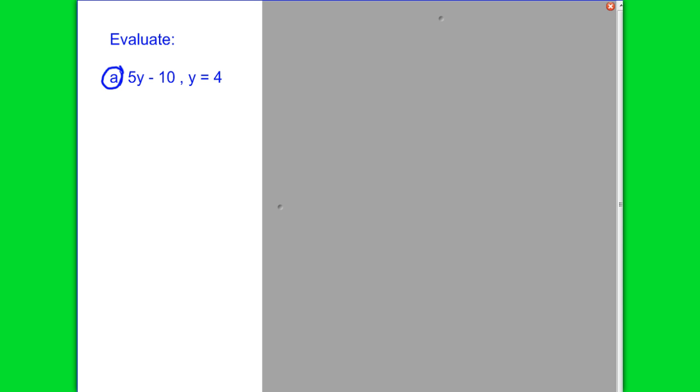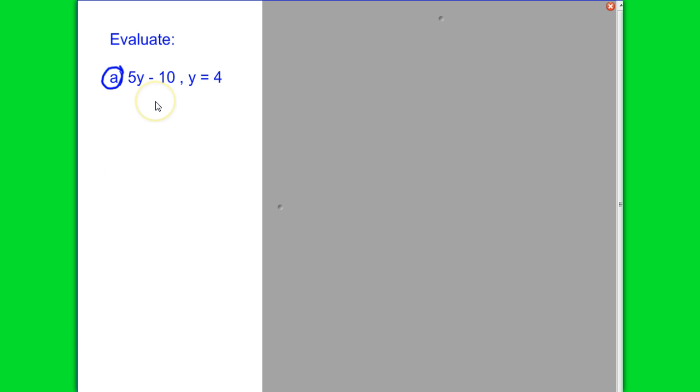We're going to evaluate algebraic expressions today. Okay? So yesterday we were just given numeric expressions and we used our order of operations. Today we're stepping it up a notch. We are being given algebraic expressions, and then they're going to just give you a value for the variable. So this first expression is 5y minus 10.